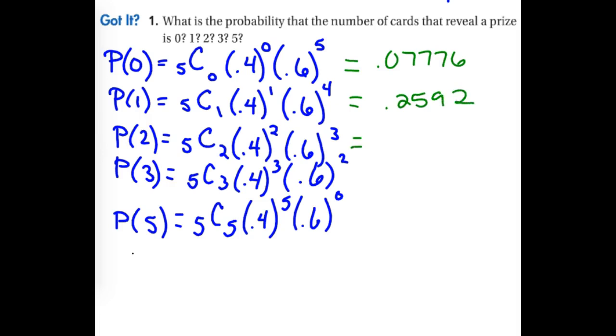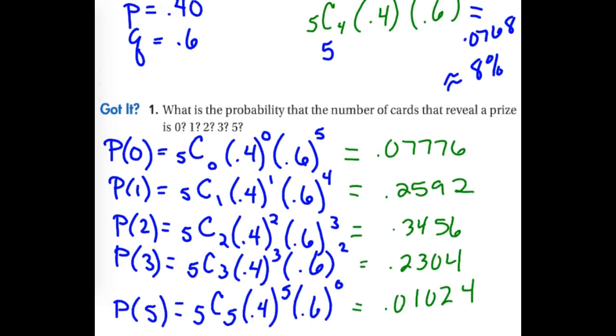Third one? 0.3456. Fourth one, 0.2304. And last one? 0.0102. Okay.